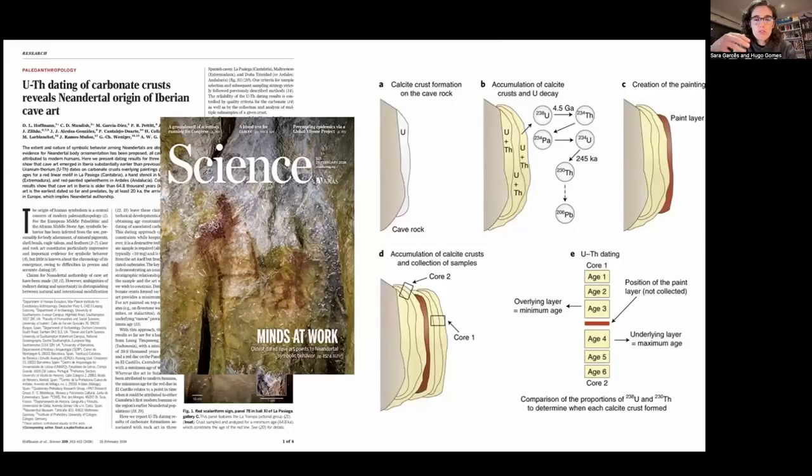First Art deals a lot with uranium-thorium dating. It's a very recent debate about how old rock art can be in the world, and some exercises, especially in the Iberian Peninsula and Indonesia, have been done using uranium-thorium to date the calcite that is under and on top of pigments.